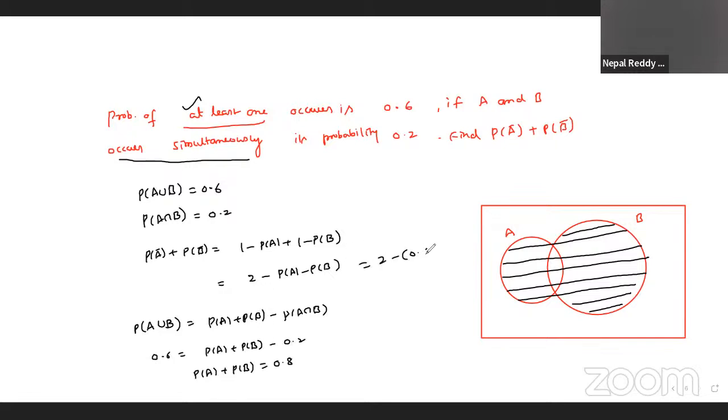Therefore, you get 2 minus 0.8 in this case. That gives the result 1.2.